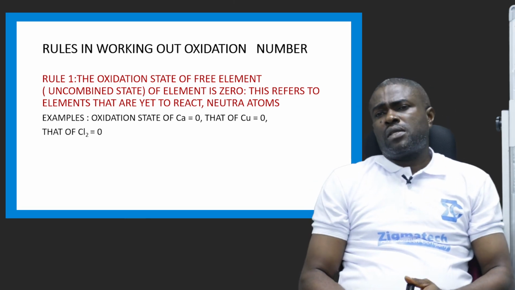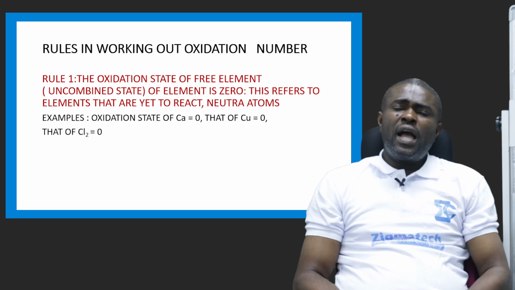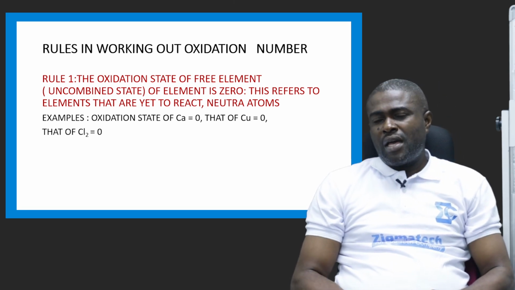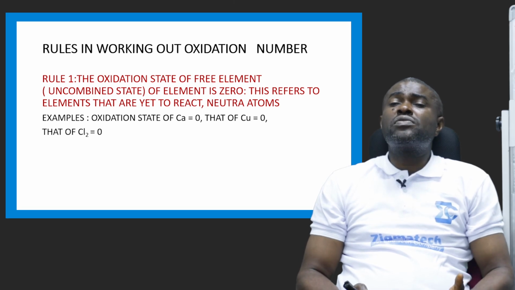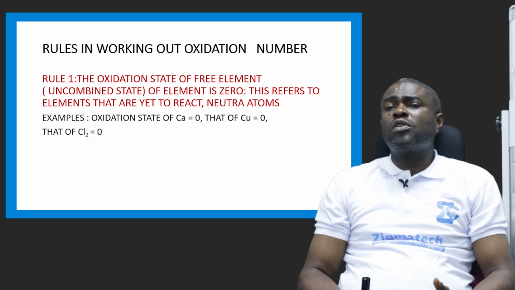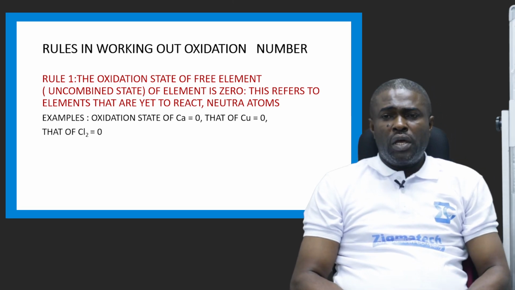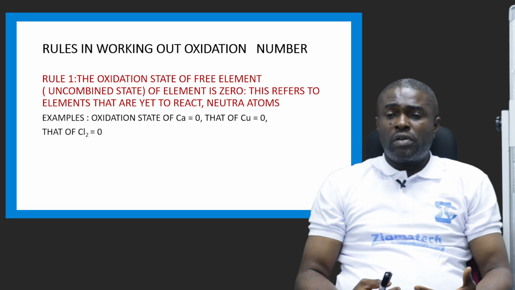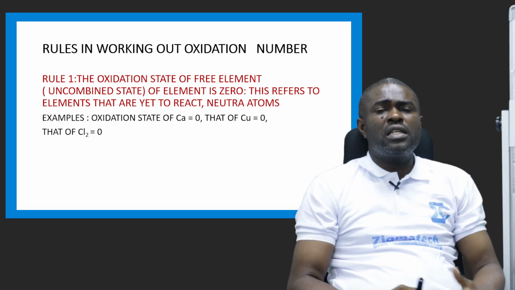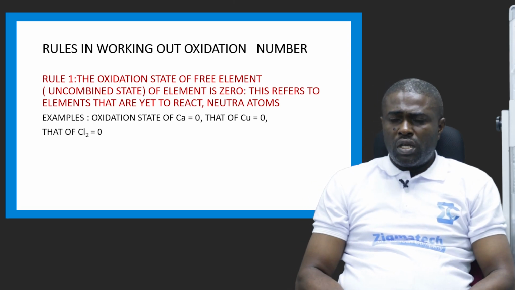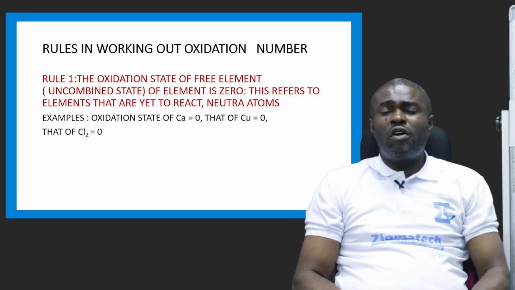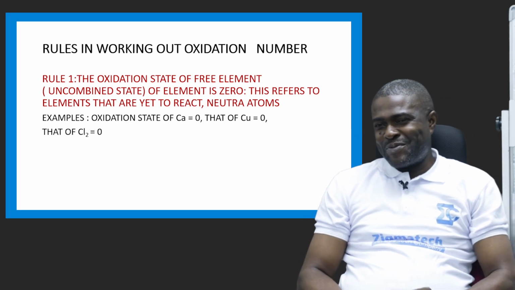Now, rule number one states, when you have a neutral atom which is in a free state, an element that has not reacted with any other element, an element that is still in an uncombined form, it has not ionized, it has not lost, it has not gained any electron. Rule number one states that the oxidation number of that particular element is 0.